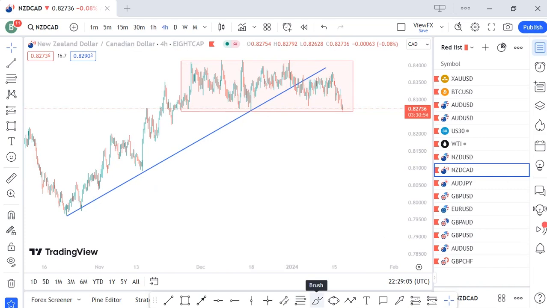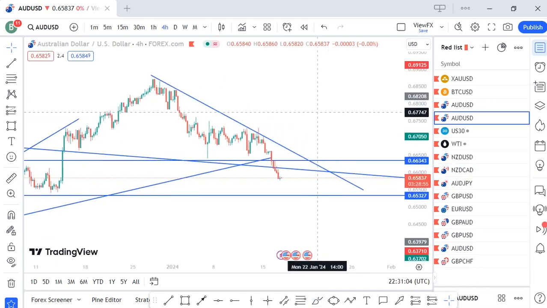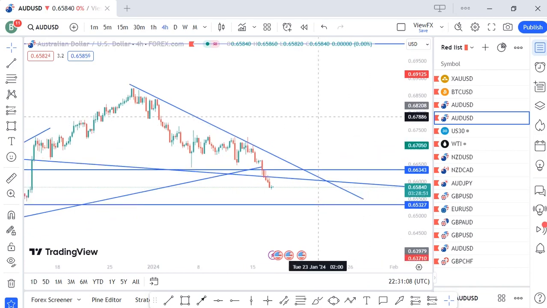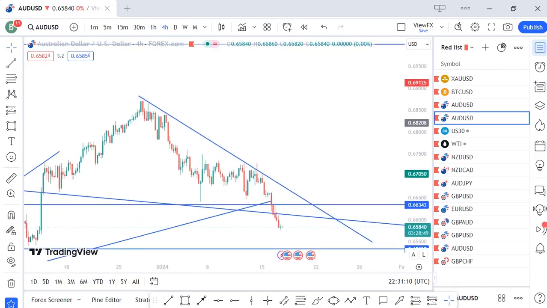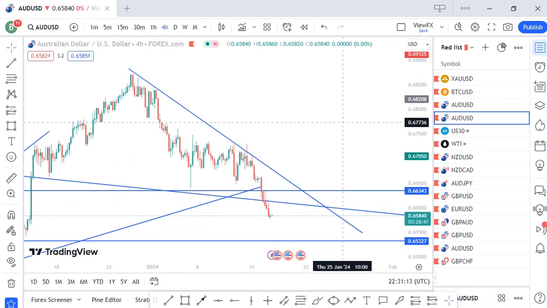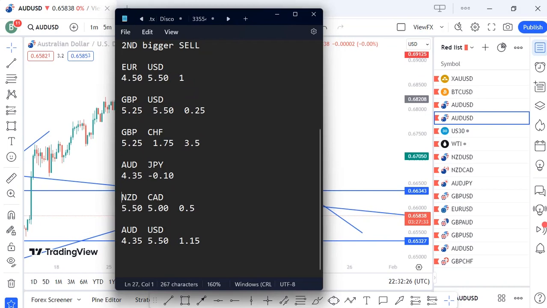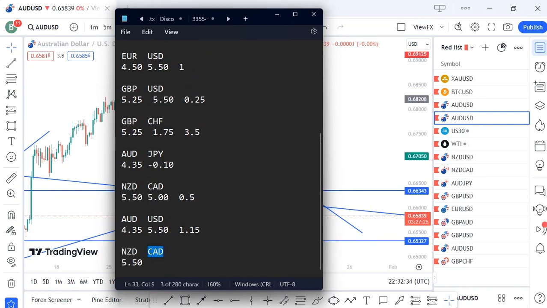So what are we trying to deduce here? I know you are beginning to see something now, that the interest rate of a currency pair can be an additional confluence while taking your trade. New Zealand USD, this is New Zealand here, and USD. Okay, let's just take the number.